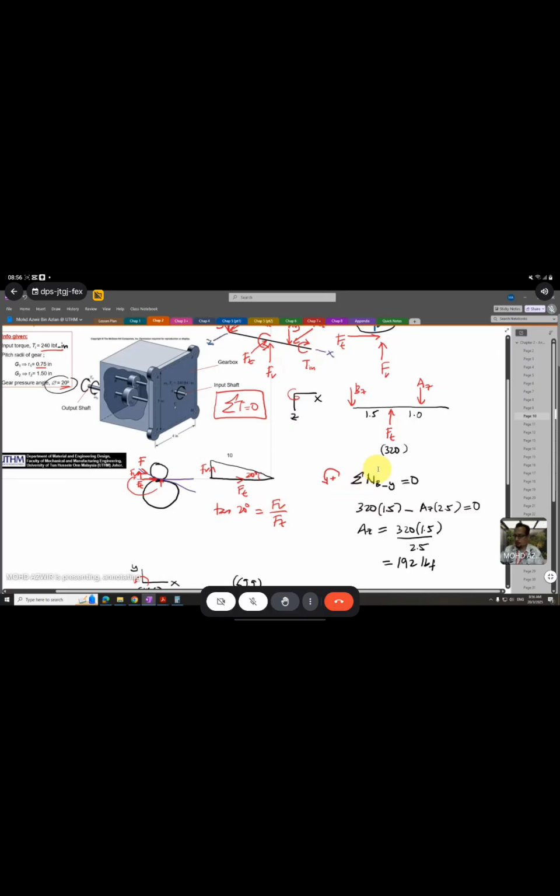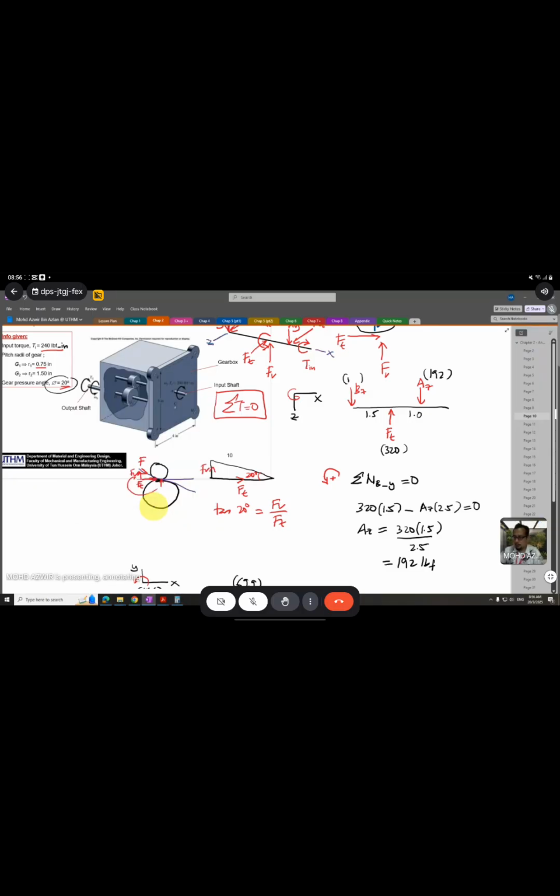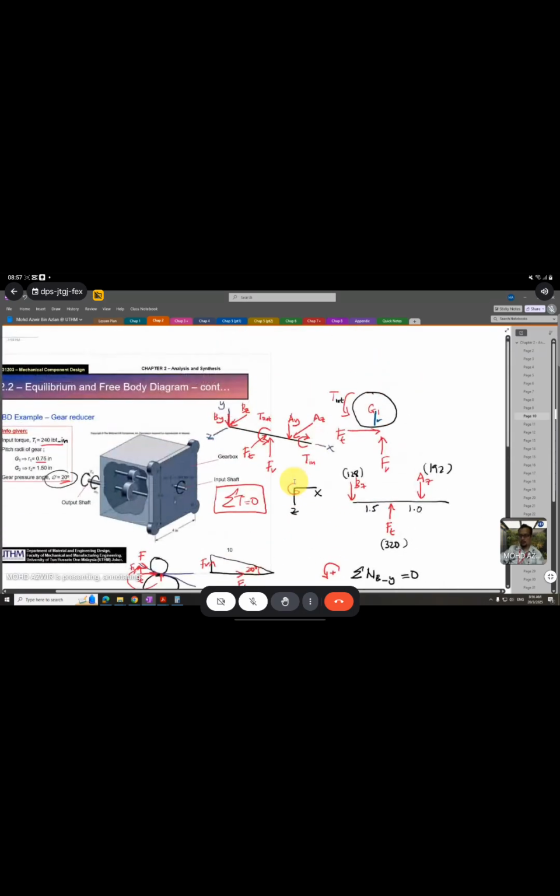After that, you can calculate your Bz. Bz is 320 minus 192, so you will get 128 pounds. So you already complete all the forces acting on the input shaft.